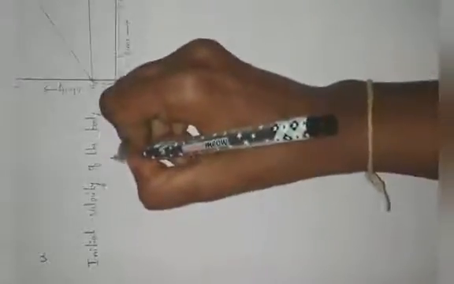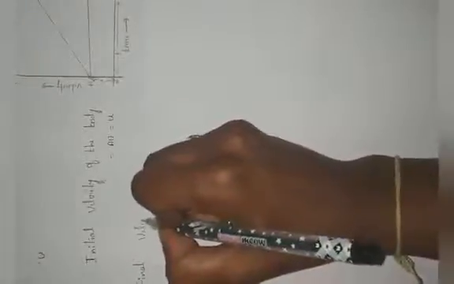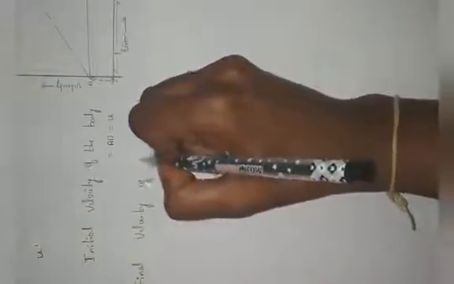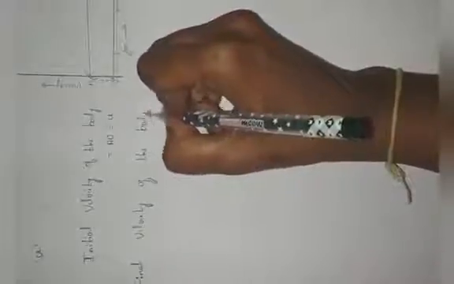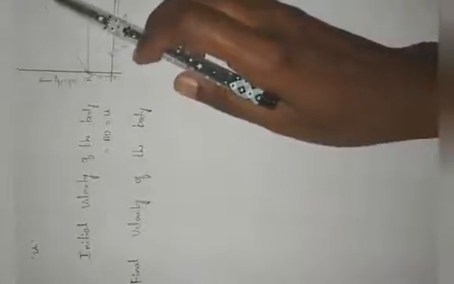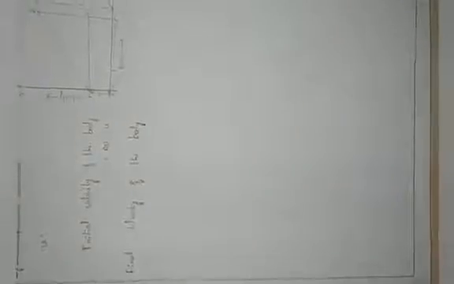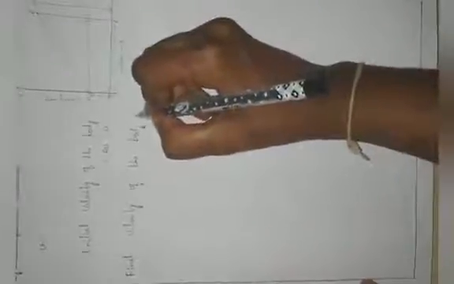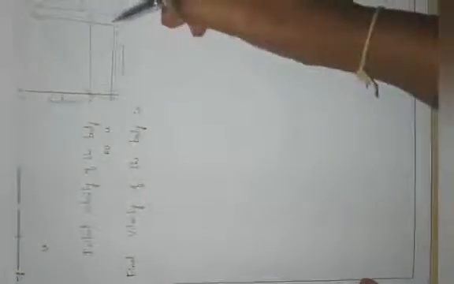AO is the initial velocity, AO which is equal to U. The final velocity of the body is the distance BC, after time interval t.